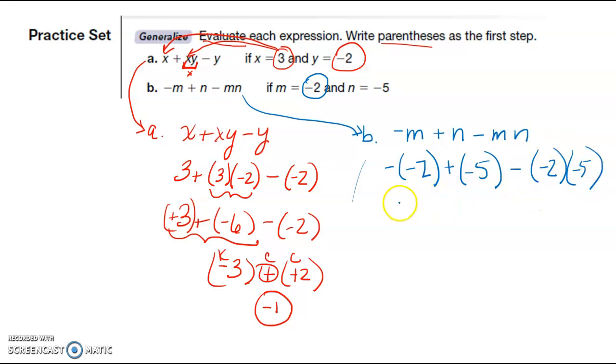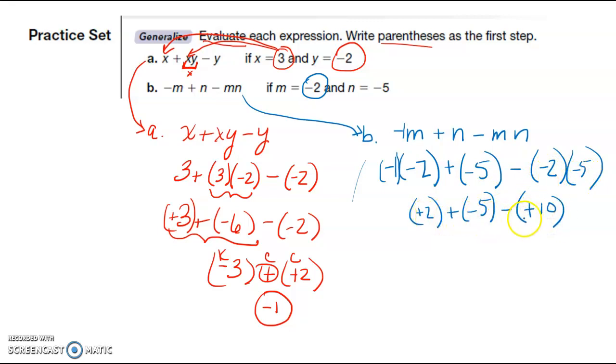Okay. So here, what I really have is like a -1, because that's what we have in front of this, times a -2, which is a positive 2. Math magic. And then I have -2 times -5, which is a positive 10.